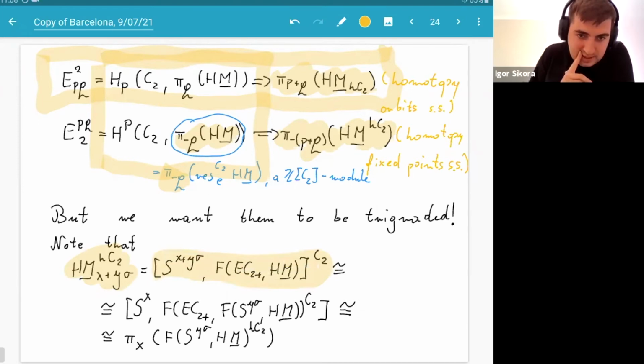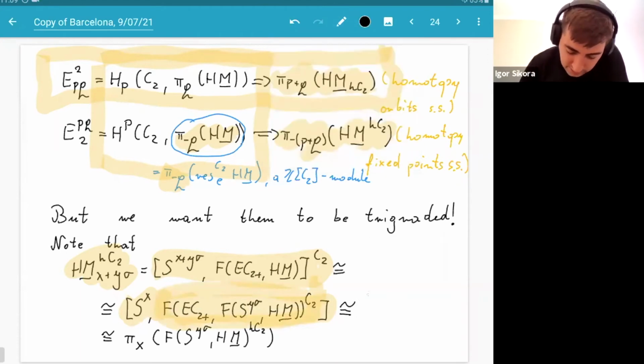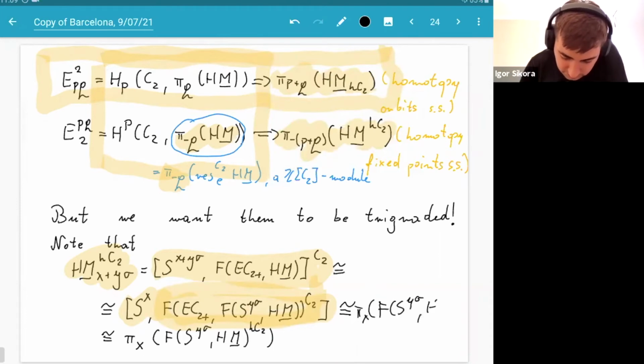But by some classical adjunctions, we see that it is the same as the maps from S^x to the categorical fixed points of this function spectrum. And I will rewrite what is written at the bottom level. So this is just π_x of F(S^{yσ}, HM)^{hC2}.